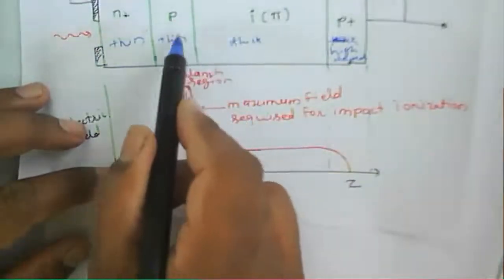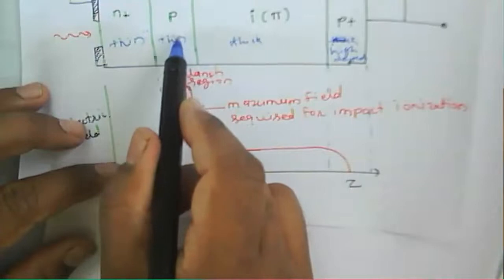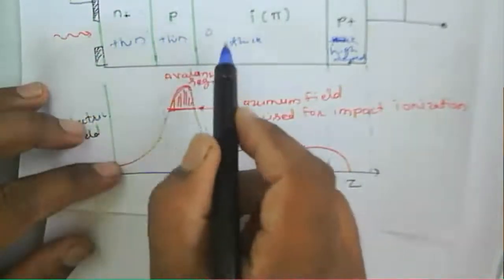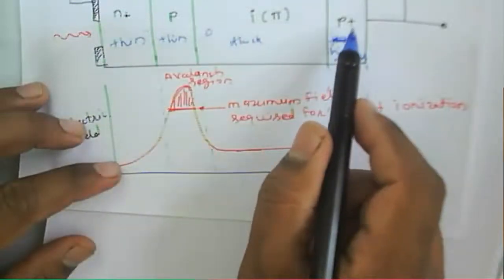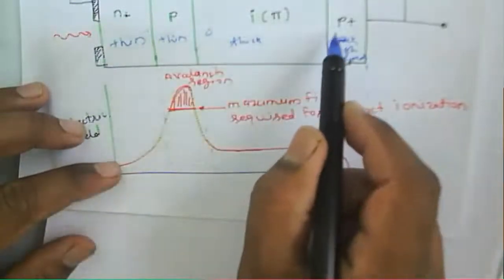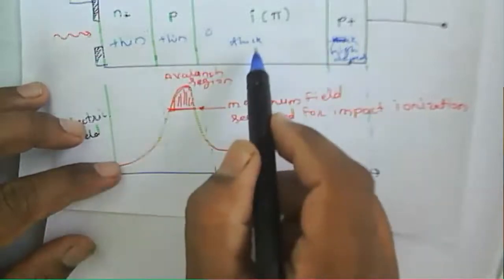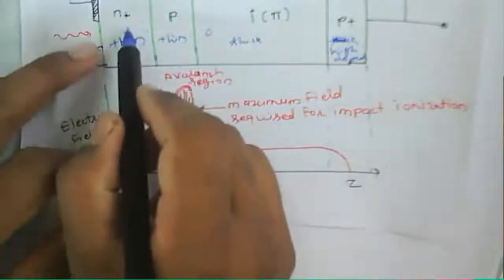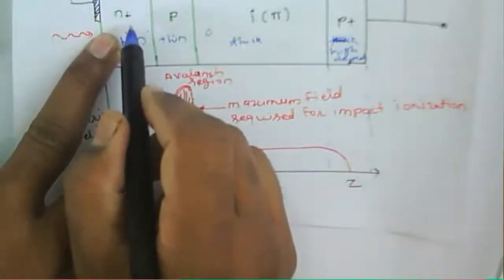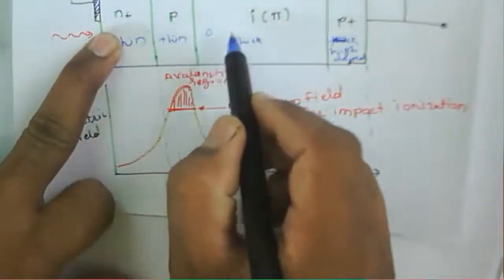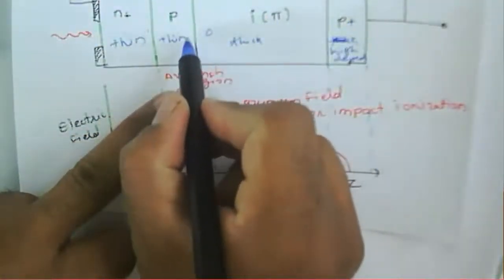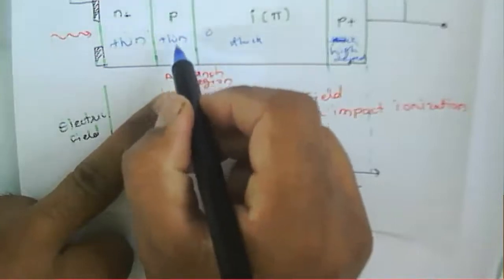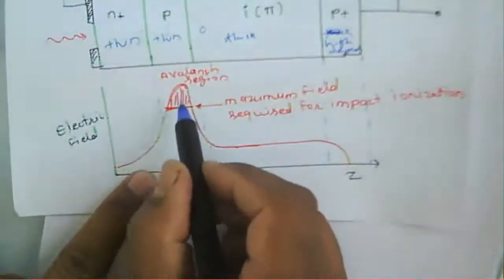The electrons are to be moved toward the n plus, and the holes toward the p layer. So we can say that we have the electron and hole pairs moving toward this particular junction. When the electrons reach this particular p layer, they experience this high field region.